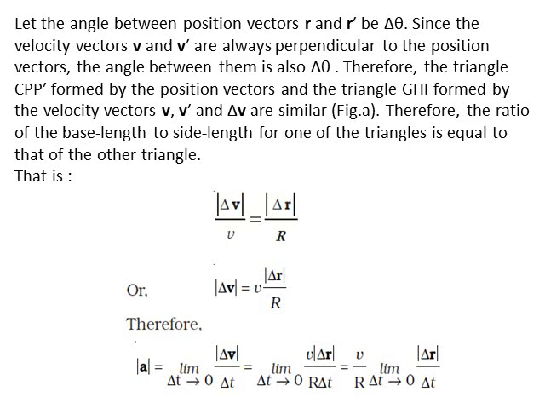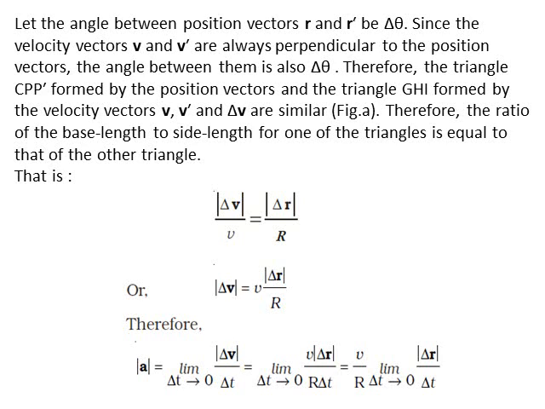Therefore, the ratio of the base length to the side length for one triangle is equal to that of the other triangle, or mathematically, delta V by V equals delta r by r, or delta V equals V into delta r by r. Therefore, the acceleration will become limit delta t tends to 0, V into delta r upon r delta t.